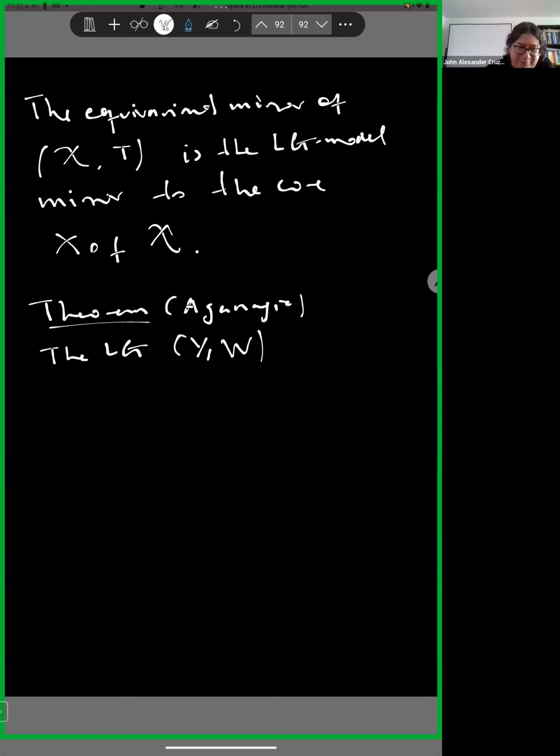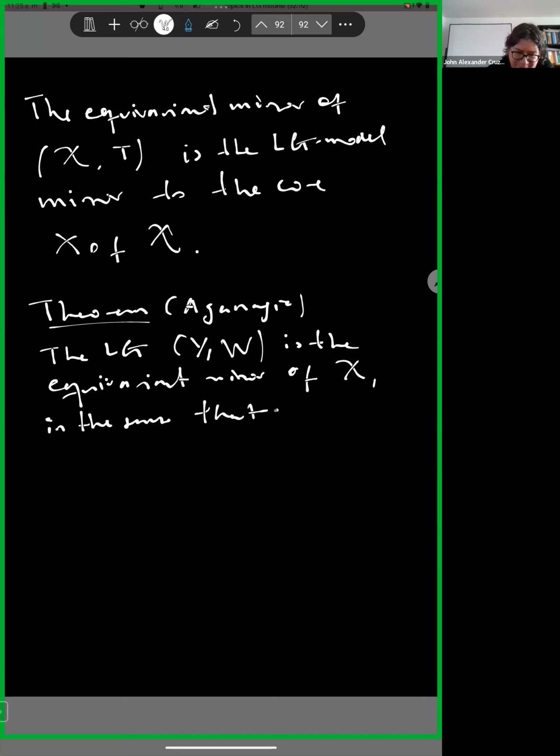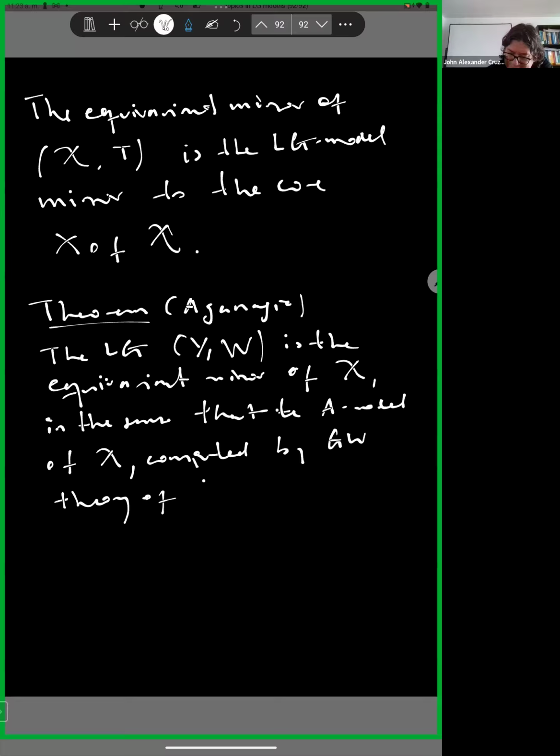So the LG model is the equivariant mirror of X, in the sense that the A model of X, computed by Gromov-Witten theory of X, working equivariantly with respect to the action of T.